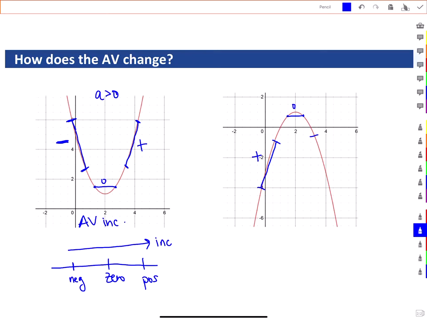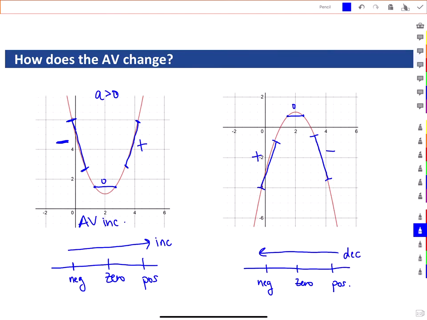And then pick something over here on the right side, my average rate of change is negative. Okay, so again, let's think about this on a number line. My negative numbers are here, 0's here, and this is positive here. So this time I'm going from positive to 0 to negative. Positive to 0 to negative is going this direction, right? So that means I'm actually decreasing.